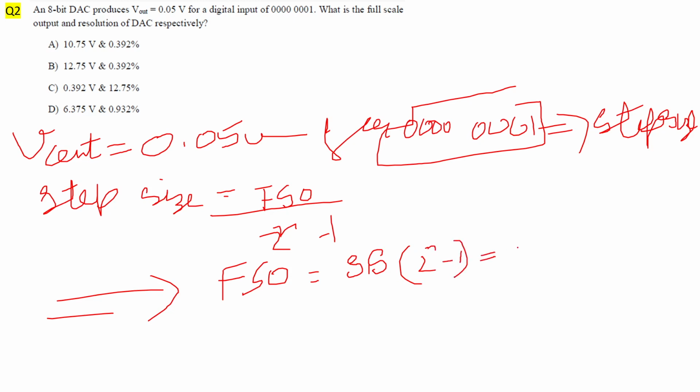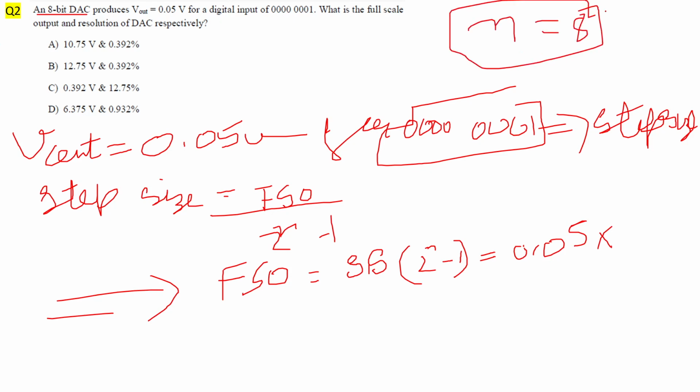Your step size is 0.05 volts, and it's an 8-bit DAC, so n is equal to 8, so it will be 255 times 0.05, which is 12.75. And one more thing, never forget the unit, so it's 12.75 volts.